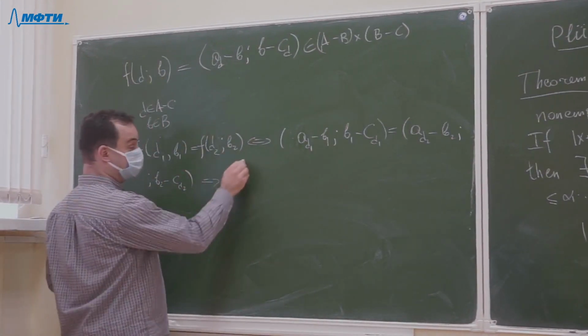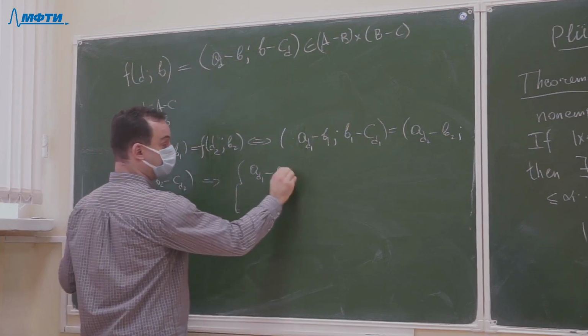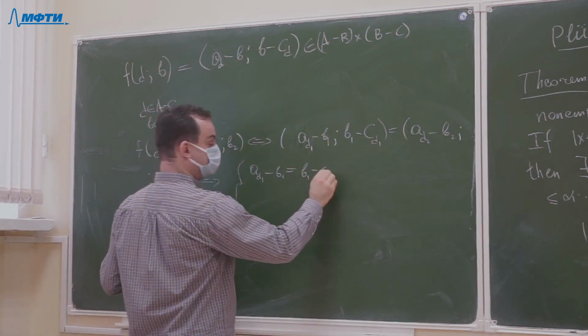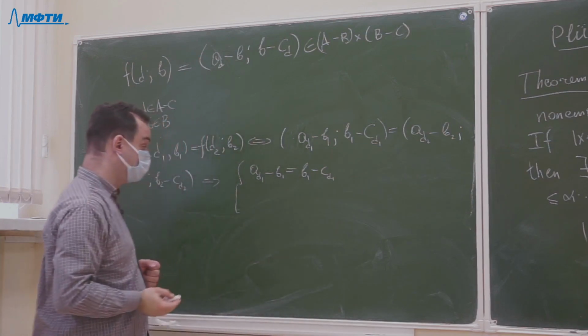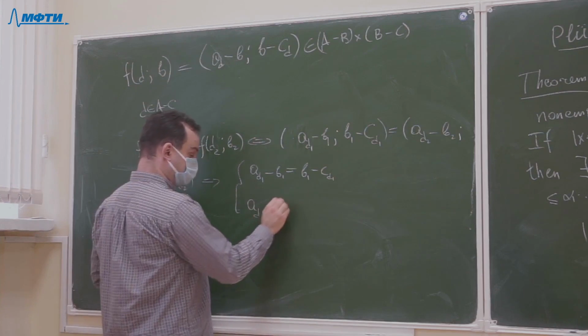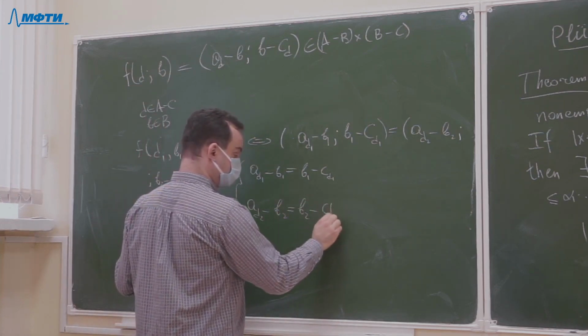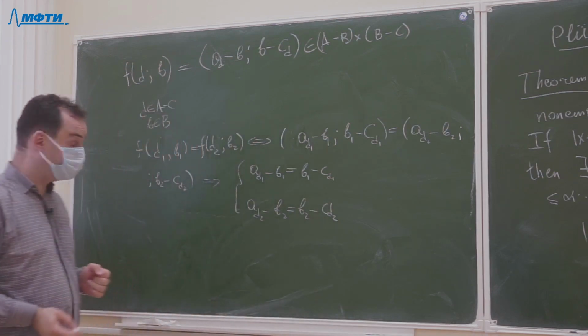This means that a d1 minus b1 equals a d2 minus b2, and also b1 minus c d1 equals b2 minus c d2. Okay.